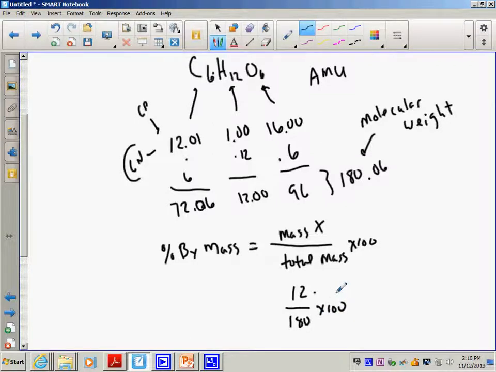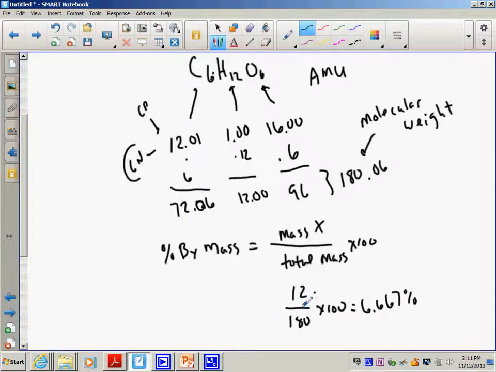We'll just do the math first here. 12 divided by 180 says, okay, we have a value, times 100 is 6.667%.